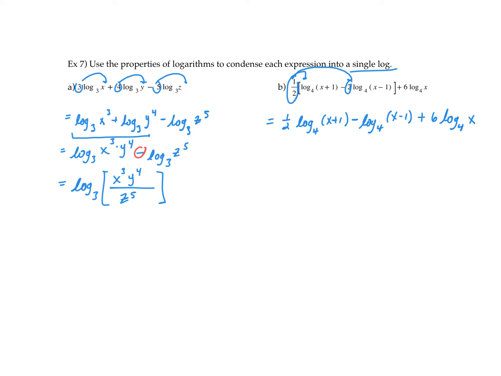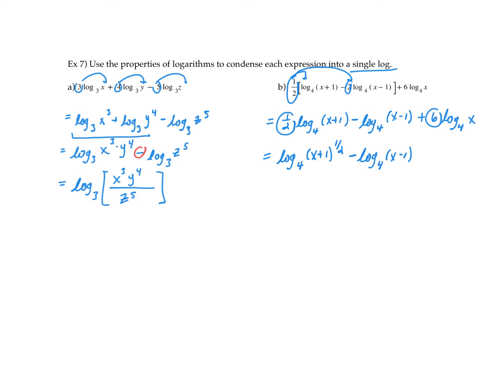Okay, so we got rid of the brackets. Now we're going to do what was our first step on part A, and that was to take the exponents and put them onto our variables. So this first term would get rewritten as log base 4 of x plus 1 in parentheses raised to the 1/2 minus log base 4 of x minus 1.